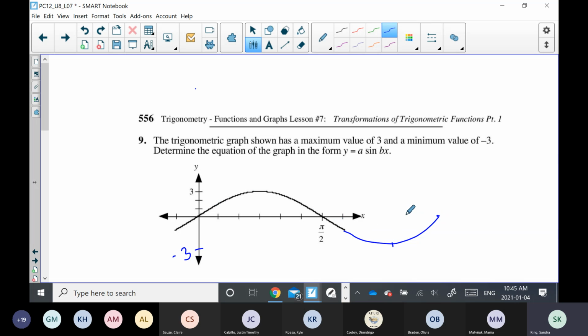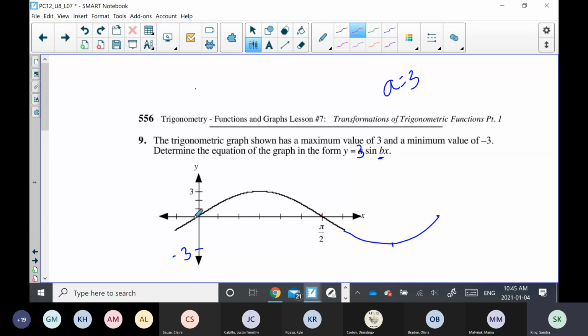So a few things. Many of you would be able to easily get the amplitude of this graph, and you'd say, okay, you could obviously tell that the middle is 0. So from 0 to 3, the amplitude is 3 units, right? So this is going to be 3. To figure out the period, remember for the b value, we need the period. If I said, well, what's the period of this graph?